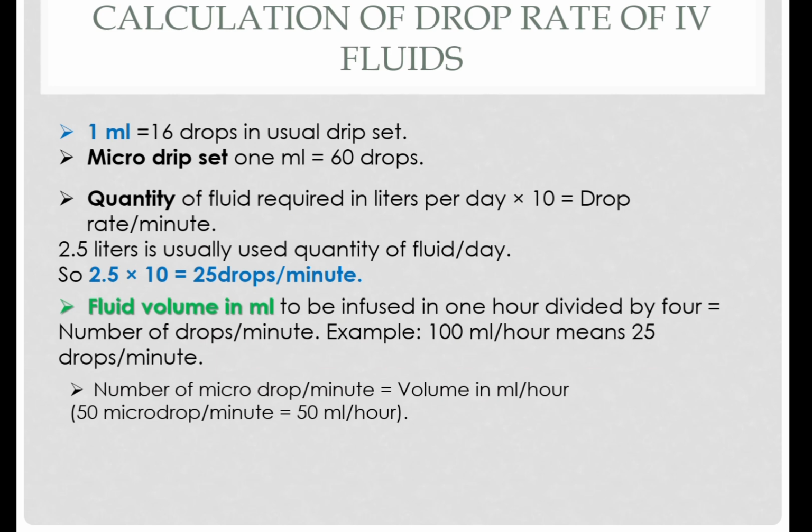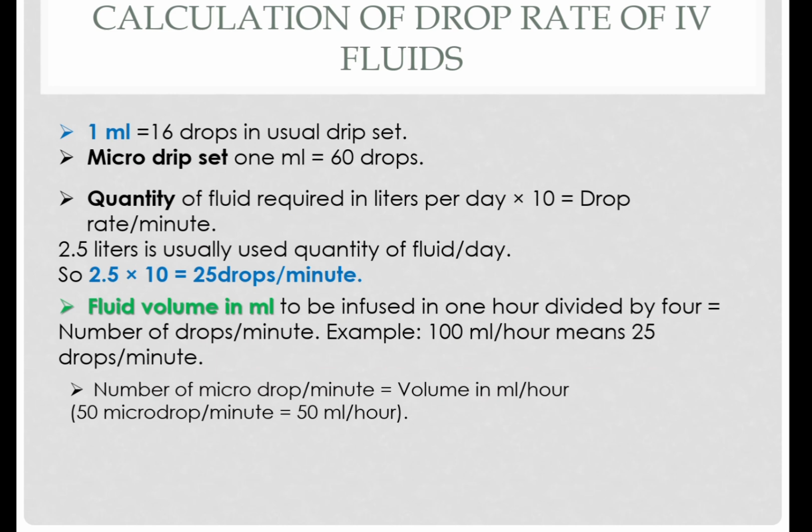So the quantity of fluid required in liters per day times 10 is equal to the drop rate per minute. 2.5 liters is the usually used quantity of fluid per day. So 2.5 times 10 is equal to 25 drops per minute.